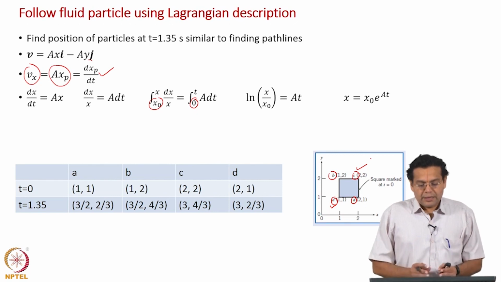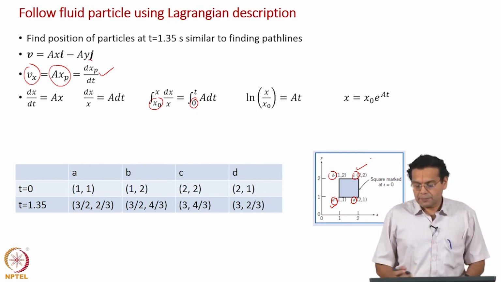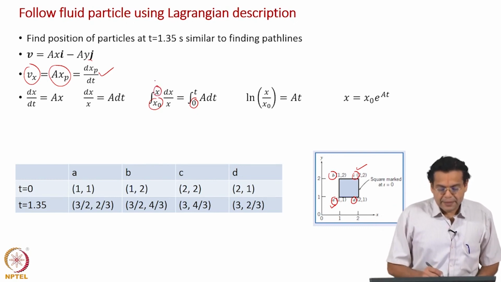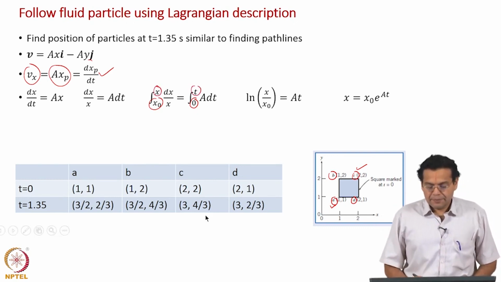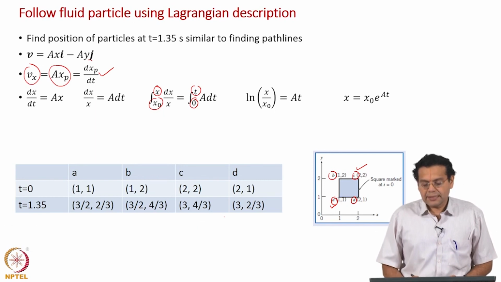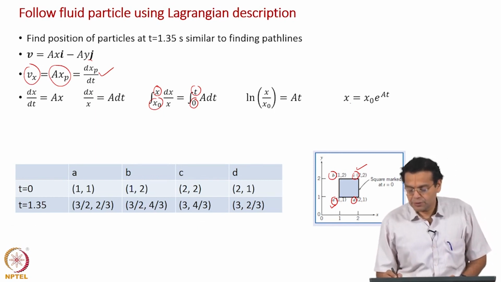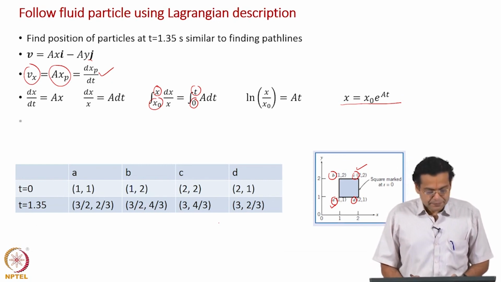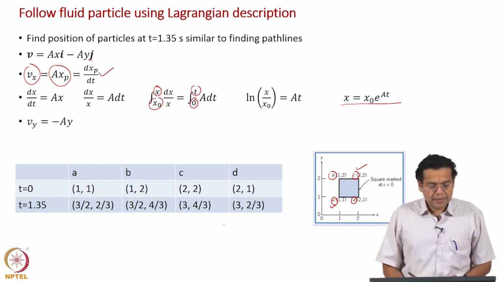So, x naught tells you the x coordinate of the particle at time t equal to 0, and you are going to find x at any time t. Simple integration and rearrangement gives you x is equal to x naught e power a t. Now, let us do the same exercise for the y direction.